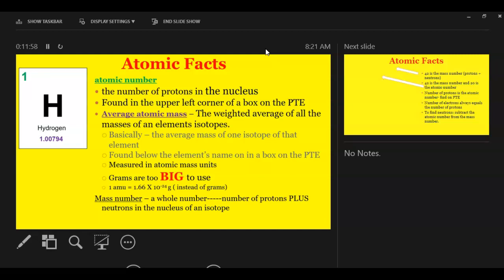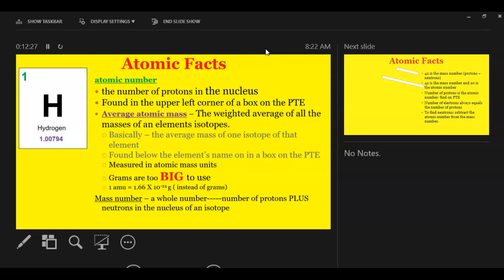So let's talk a little bit about atomic facts and the periodic table. Now I know we've already discussed this before, but this is considered, of course, your elemental symbol or your chemical symbol. Do you remember us talking about how it's going to be either a capital letter or a capital and lowercase letter? It could come straight from the name, or it could come from which name?